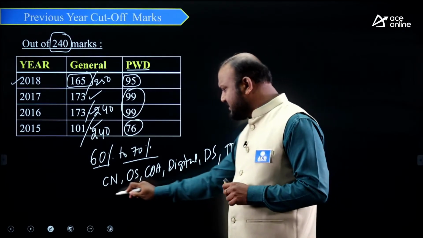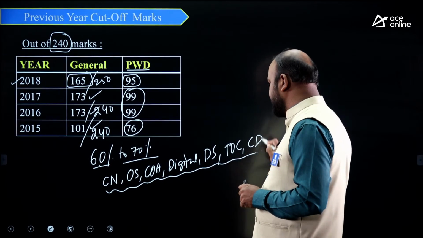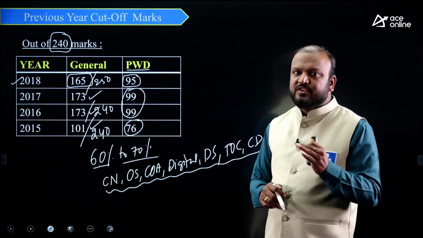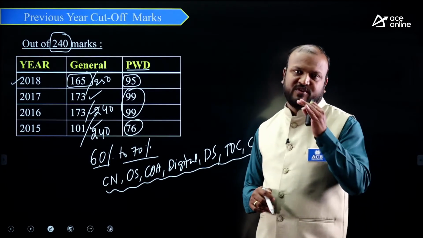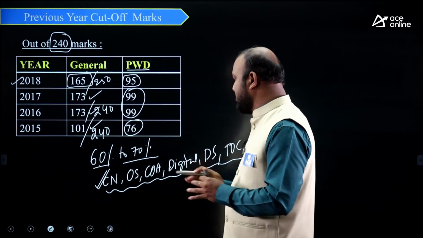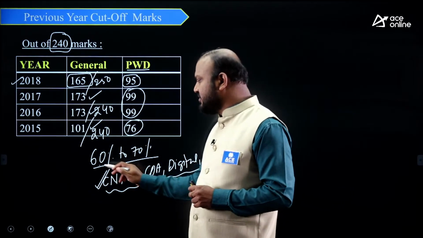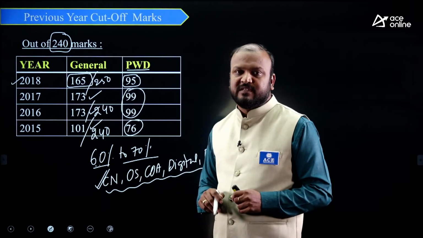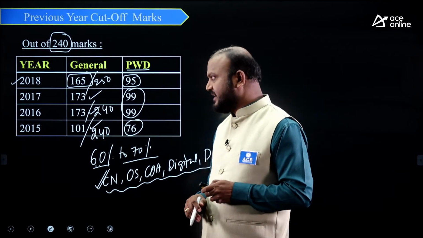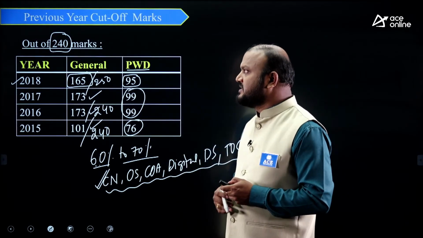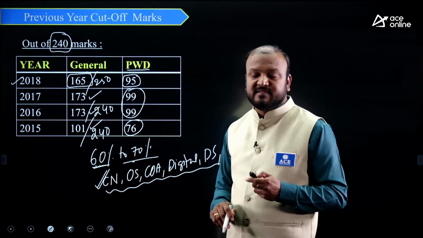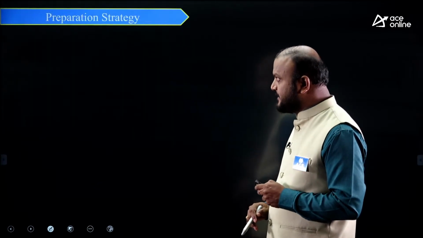If you prepare these six to seven subjects confidently, meaning any question comes, you should be in a position to answer it, then you can easily score 60 to 70% of the marks and crack ISRO, right? So these cutoffs definitely say that scoring 60 to 70% is more than sufficient.